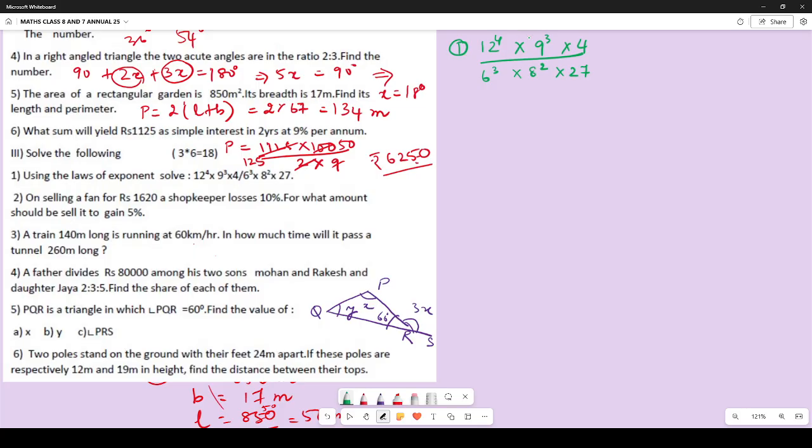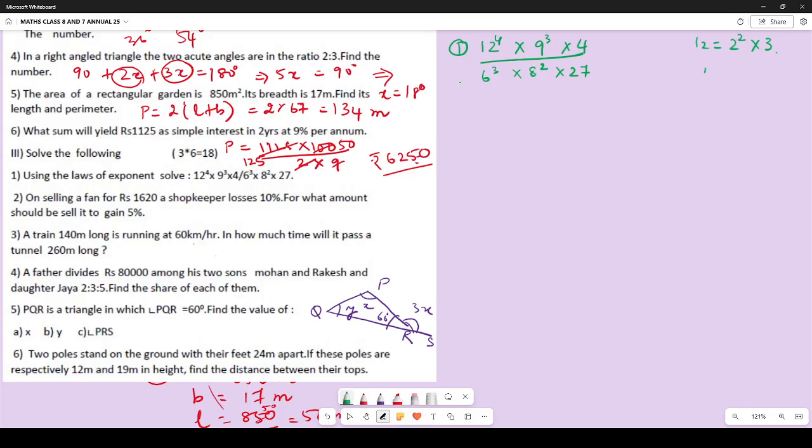So let us first put them all into prime factors. So 12, you know, is what? If we write 12 over here, it is equal to 2 to the power 2 into 3.